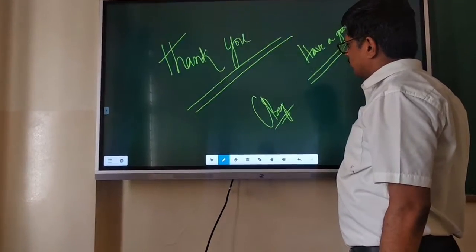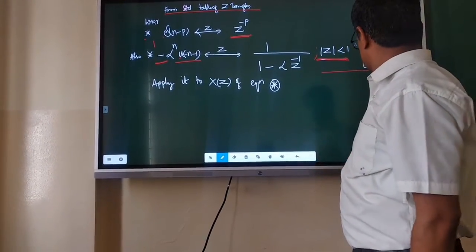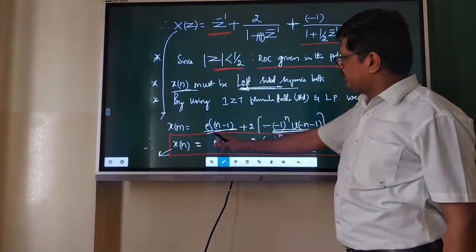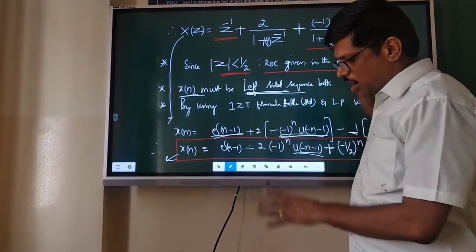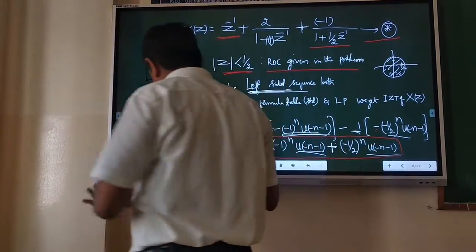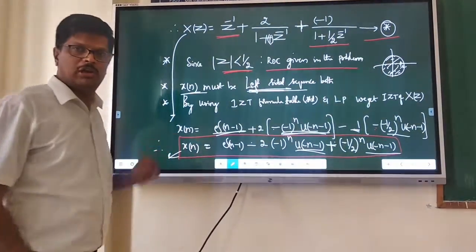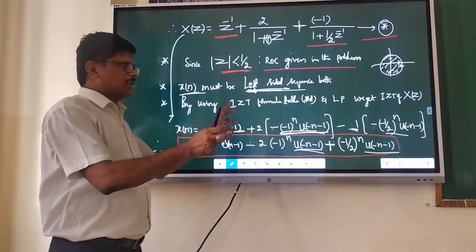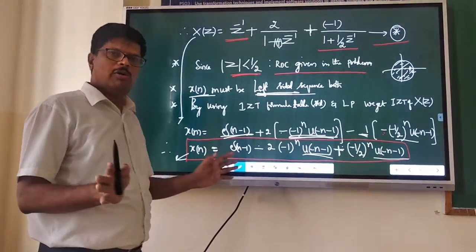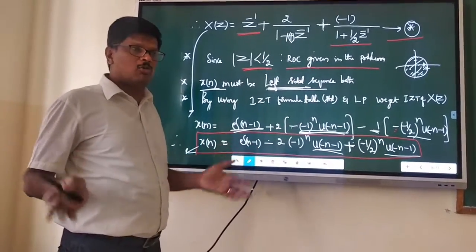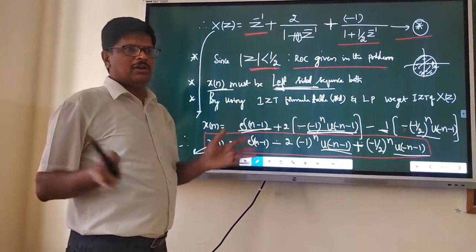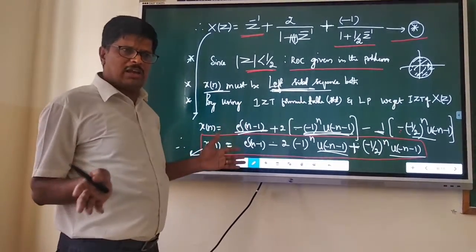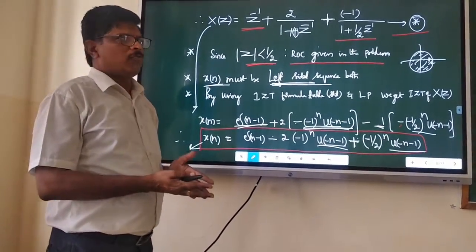In your processing, they will always give you complex signals. You will not have simple signals like u of n, u of minus n. In today's multi-processing, you know how many users are using Zoom? We are all connecting in this corona period.